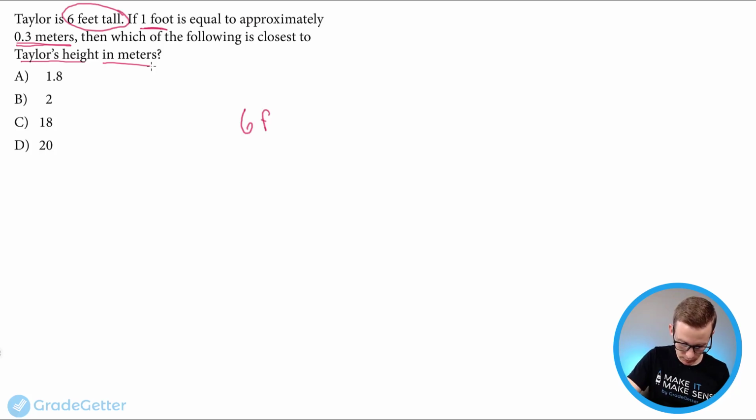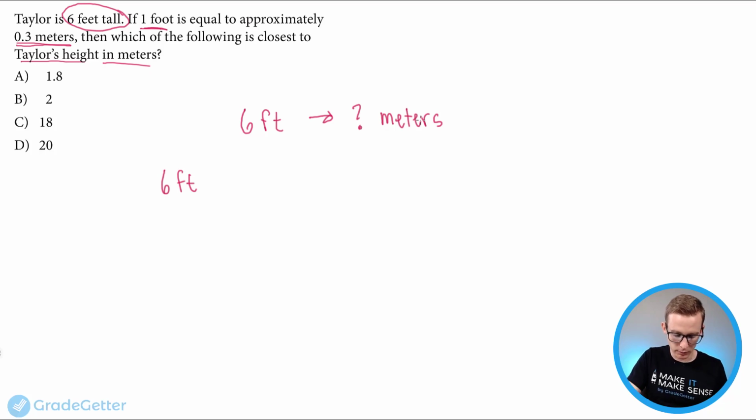Then I've got to convert feet into a certain number of meters. So I'm going to do that using what's called a related rate. So the related rate is that for every 1 foot, it's approximately 0.3 meters.